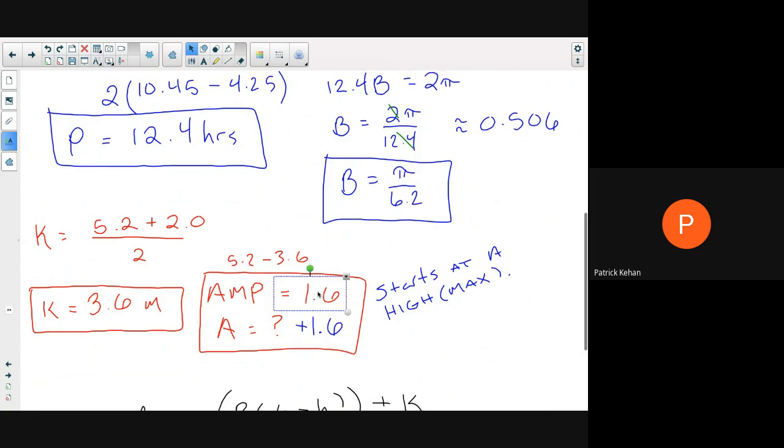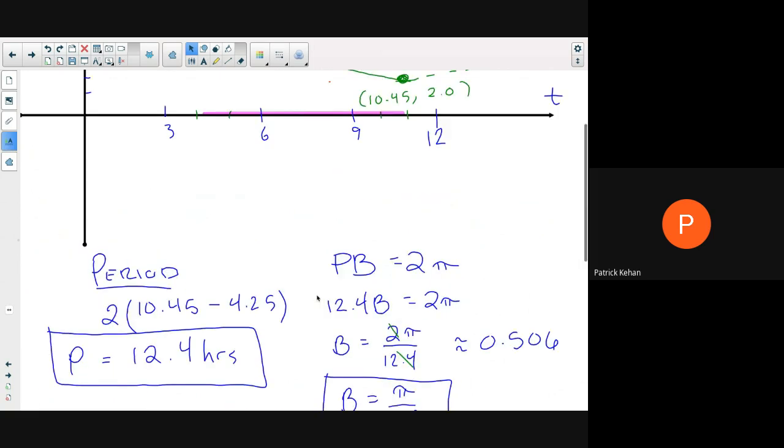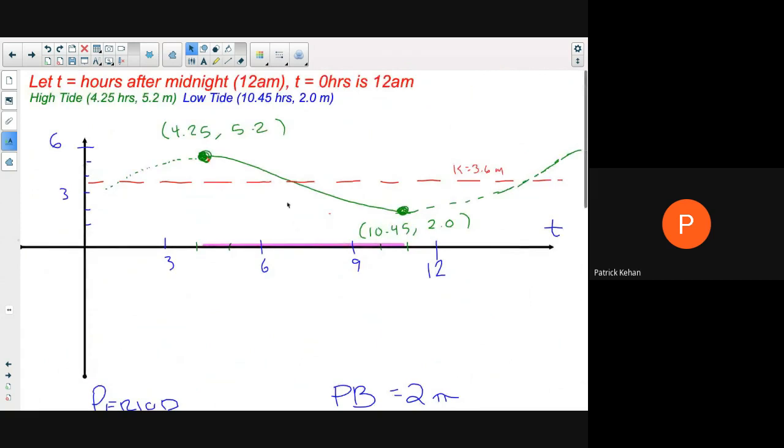And next up really is looking at the graph again and determining, do I want to work with a sine function or a cosine function? Because you can really work with any of them. This is a high point, right? It's a nice clean high point. I know both the X and Y, the input and output values here for that data point.